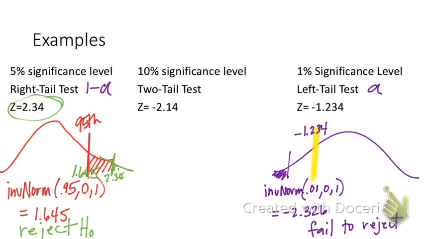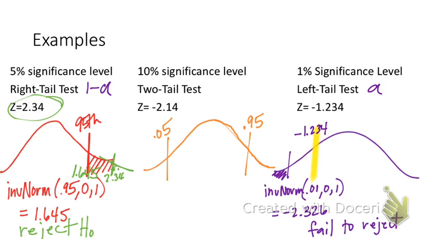For a two-tail test, what it is doing is it's taking your significance level and splitting it in half. So if I have a 10% significance level, I have 5% over here, and I have 5% over here. So I need two numbers.